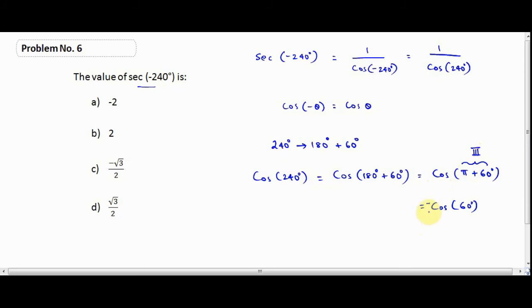So we get minus cos 60 degree, and we know cos 60 degree is 1 by 2, so we have minus 1 by 2. We substitute that here, so this will be equal to 1 divided by minus 1 by 2, and that is equal to minus 2. So the answer is minus 2, and that is given by option A.